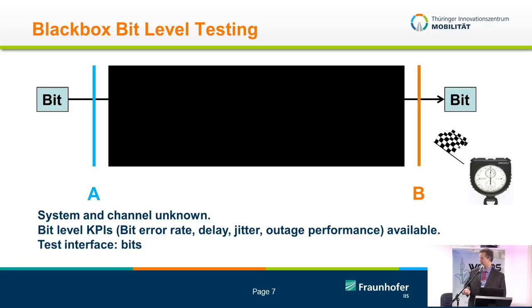In this simple model, the system is not even known, the channel is not known or not specified, but still there are already some KPIs that you can evaluate, like the bit error rate, the delay, jitter, and anything that you want in terms of your communication system.